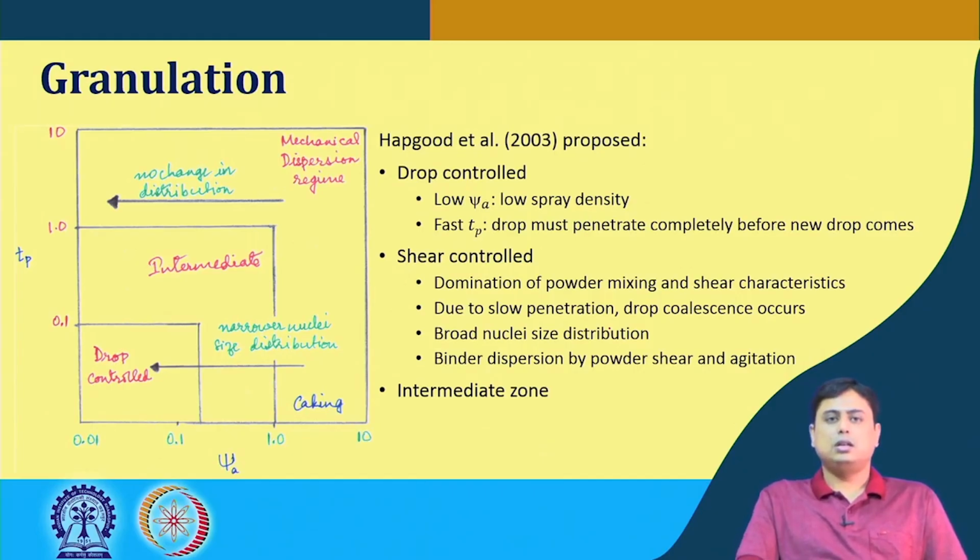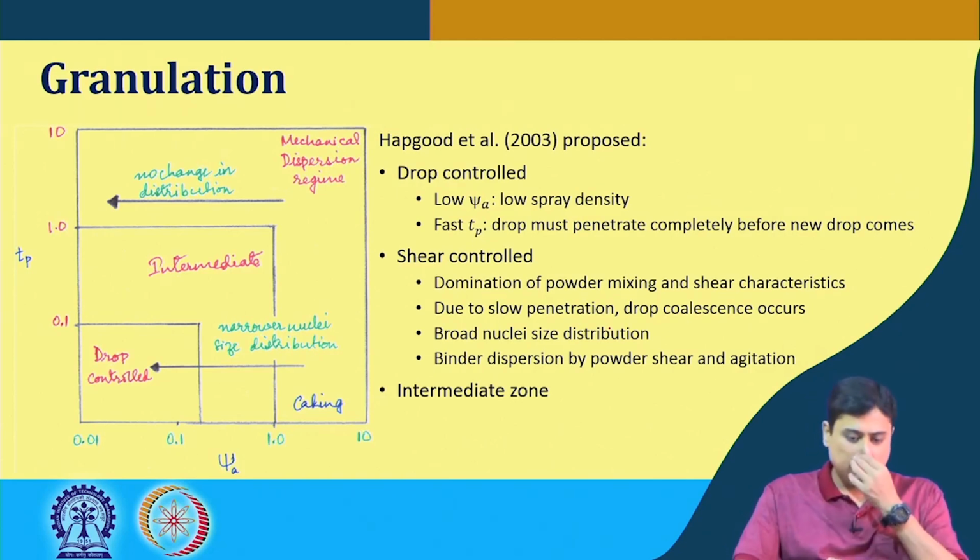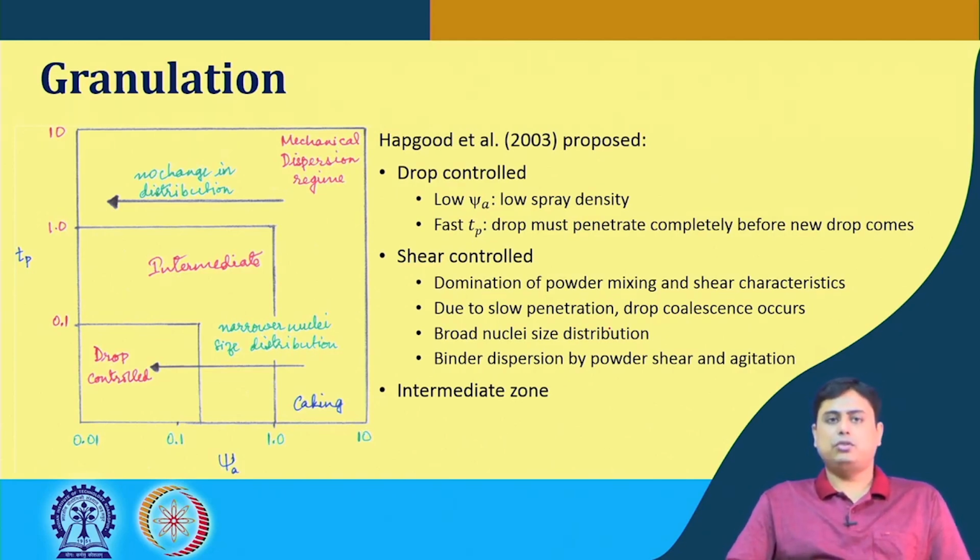So, such a regime map can be derived from the knowledge that we have seen, where we can see there are three regimes or three zones of nucleation.